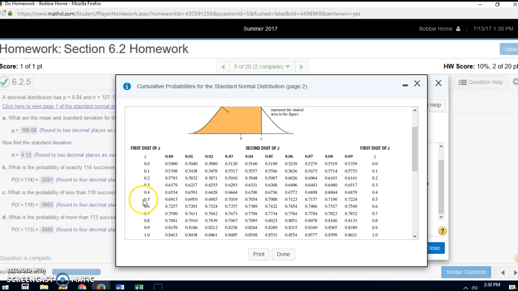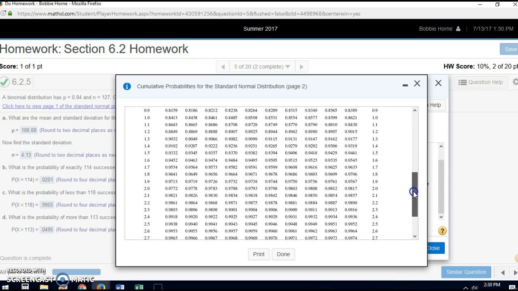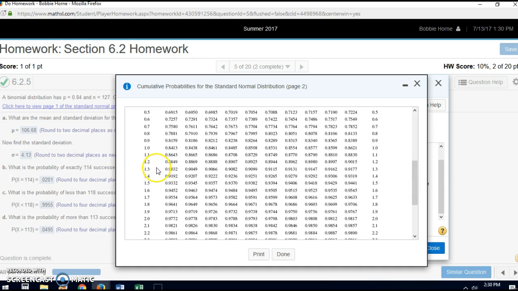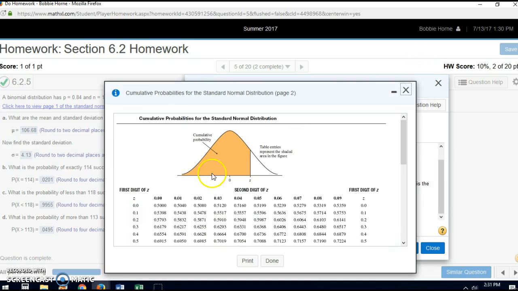So the probability that it is less than 1.24, if you go to 1.24, would be right here. So what that would tell me is the table tells me the probability all the way up to that point. So if you want to know less than that point, that would be your probability.